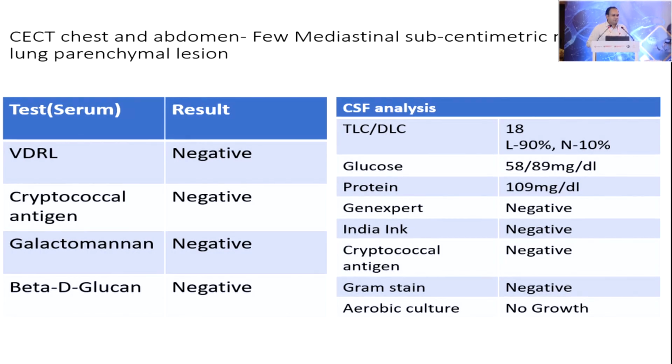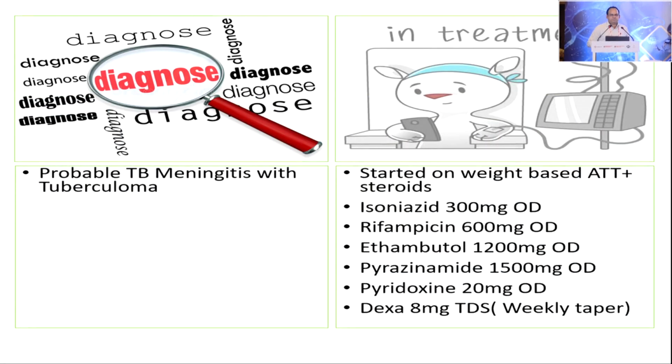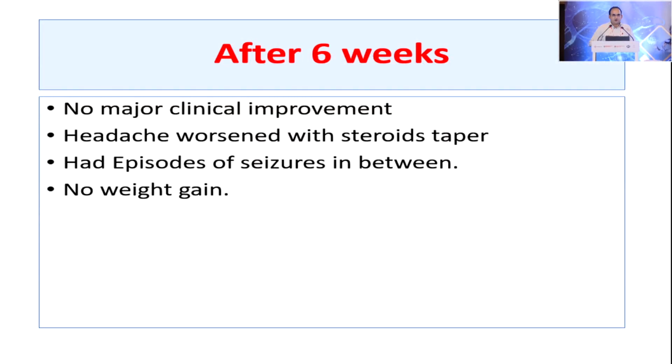So at this point, we thought probably this is a case of tuberculous meningitis with a tuberculoma, and the patient was started on weight-based ATT along with dexamethasone to be tapered weekly. But things didn't go as planned. After 6 weeks, she had no major clinical improvement.